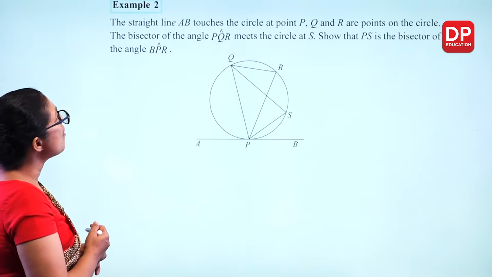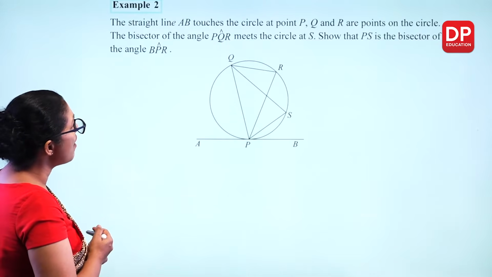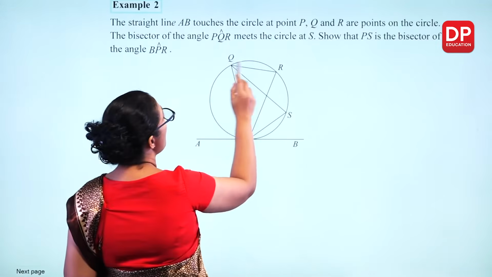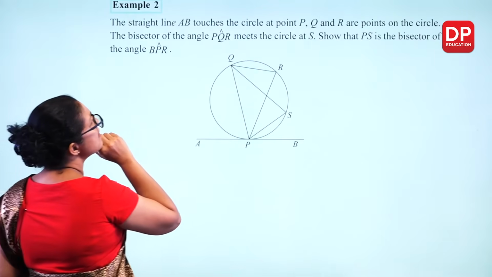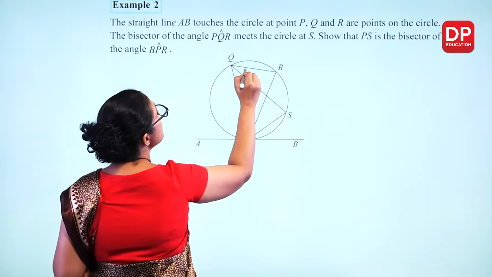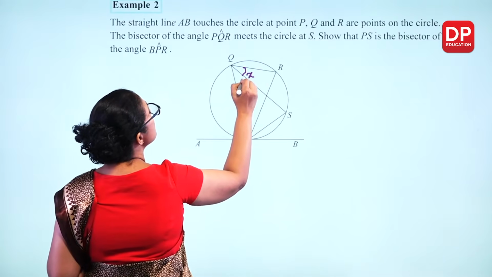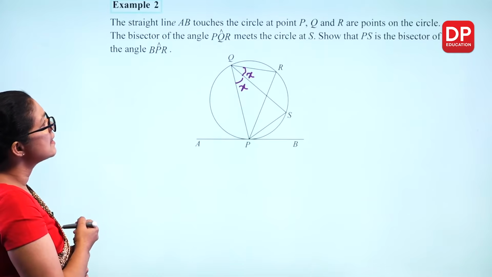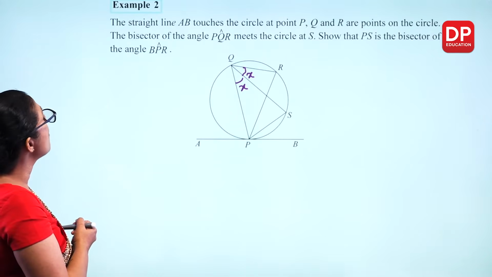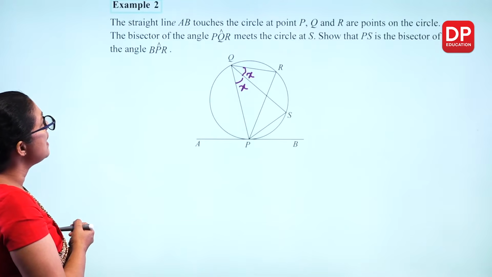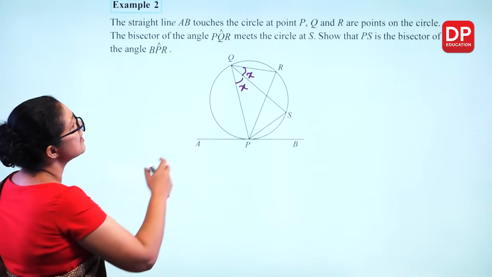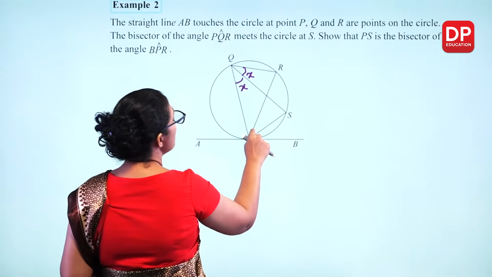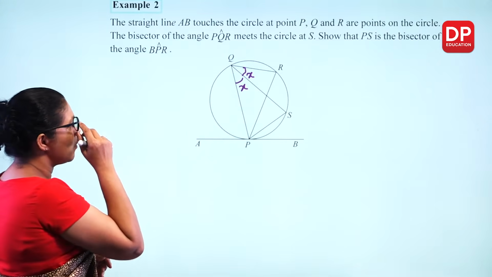The bisector of the angle PQR meets the circle at S. So this angle, put X, this is also X. Show that PS is the bisector of the angle BPR. So PS is the bisector. So we have to show that these two angles are equal.